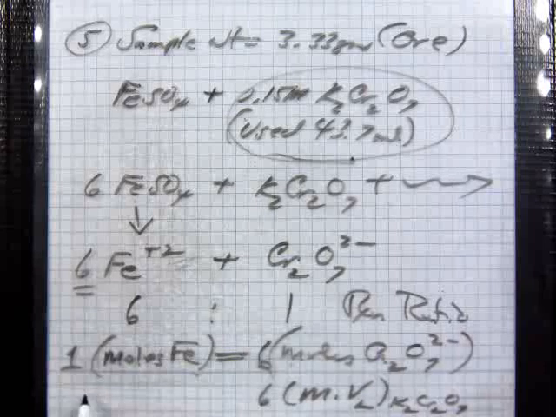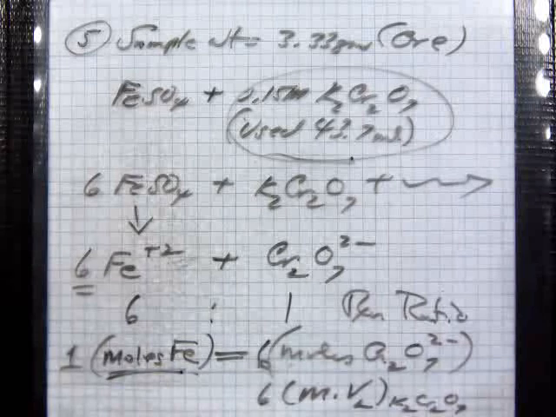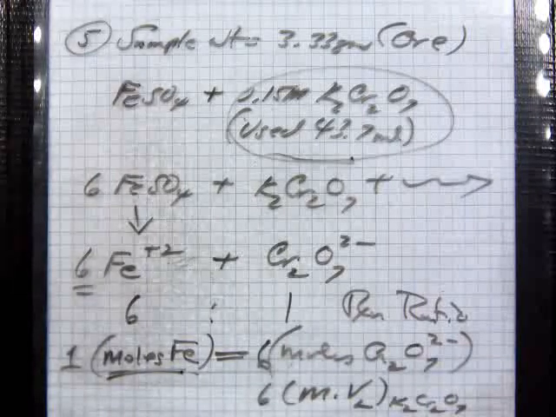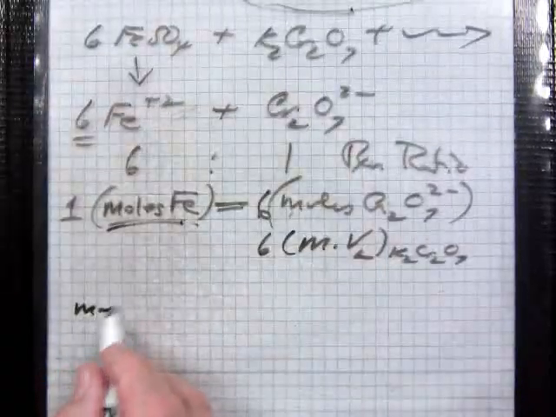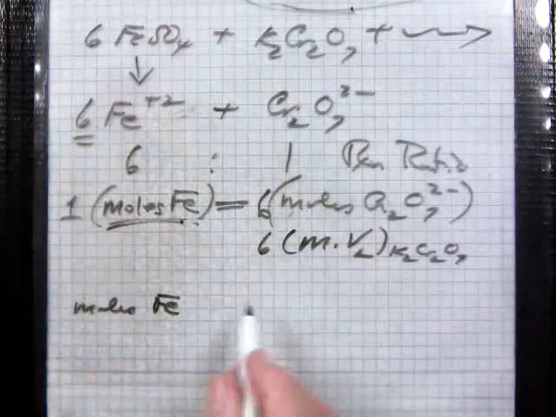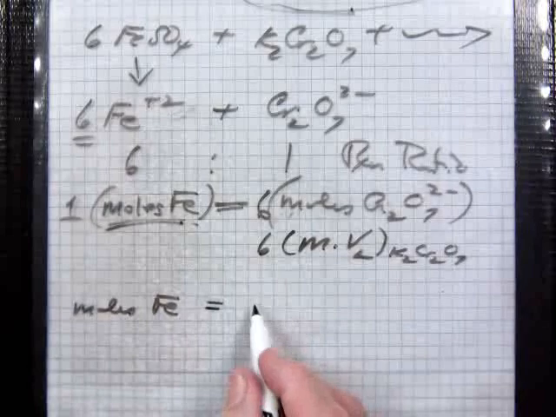And then over here, if I get the moles of iron, can I convert it to grams? Well, 58 grams per mole. Multiply the formula weight times the moles I get out of this. So, put this up here. And so the moles of iron titrated, this is what you have, and you have 6.